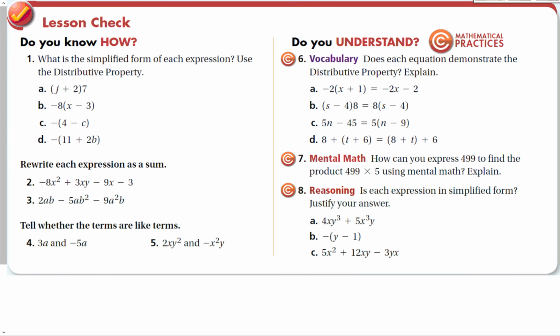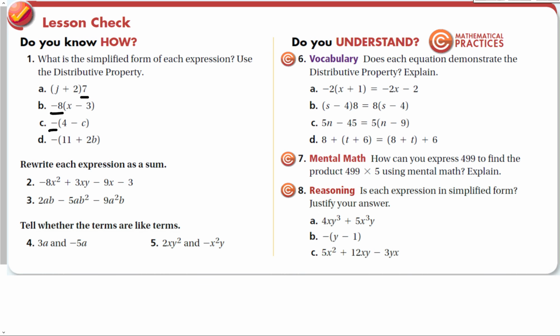Okay? So let's make sure we got everything here. We can use the distributive property, whether the number is in the back or in the front. If there's a negative in the front, we're just going to multiply each term by negative 1. Rewrite each expression. We're going to combine the like terms. The first one doesn't have any. And the next one doesn't have it either.